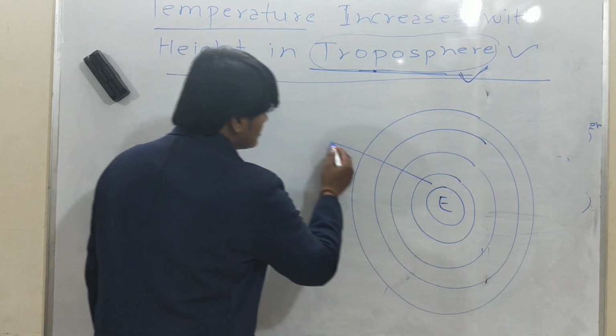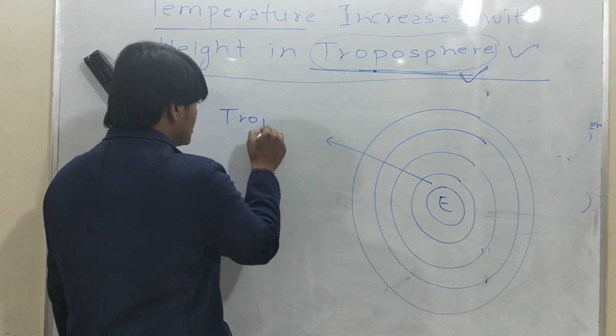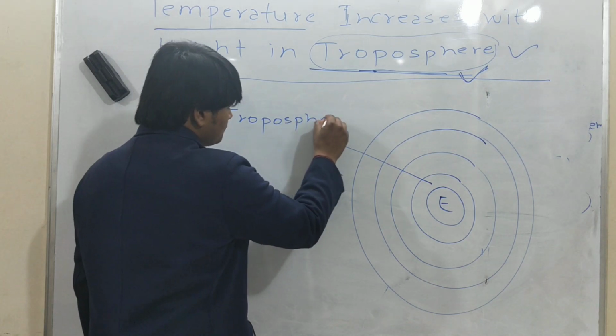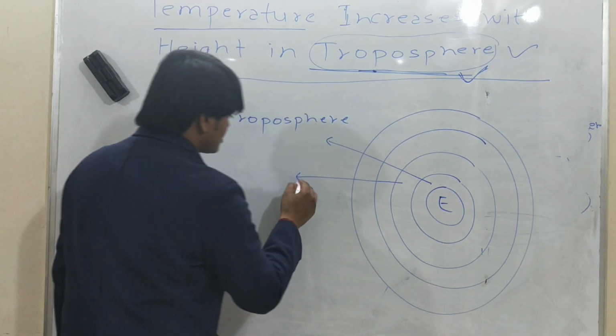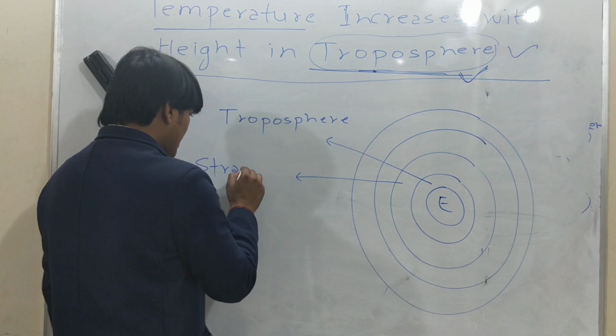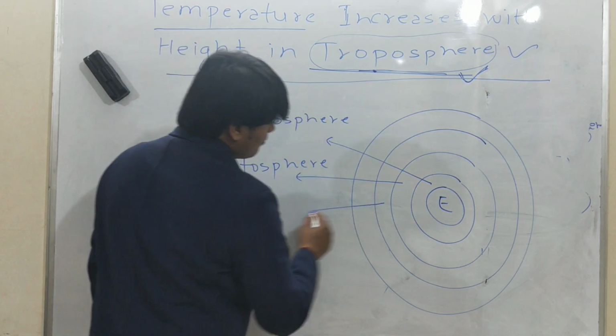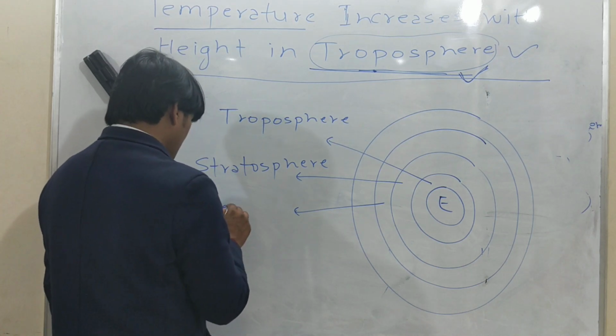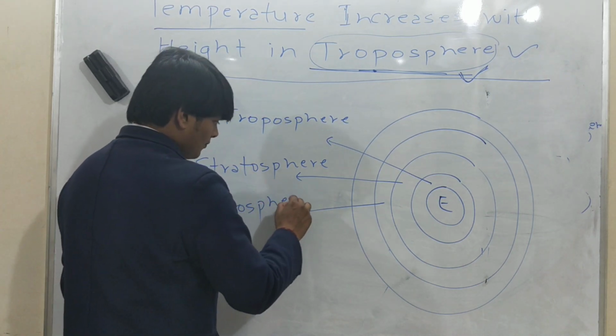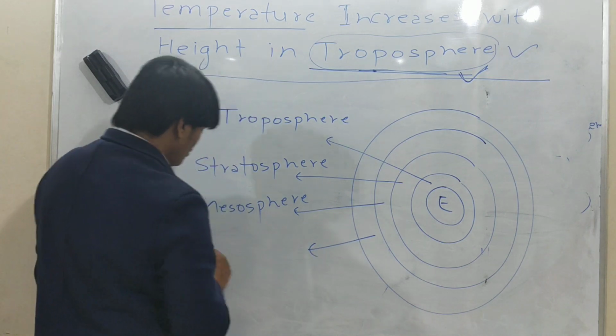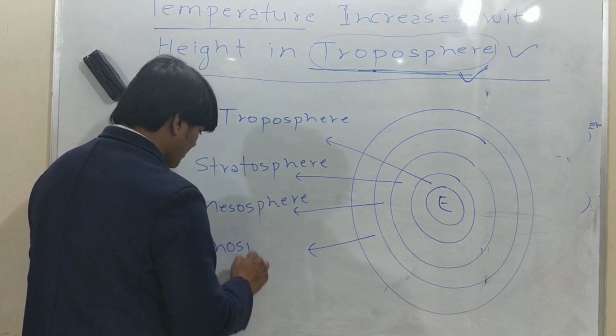So the first part is the troposphere. This is the stratosphere. This is the mesosphere. This is the ionosphere.